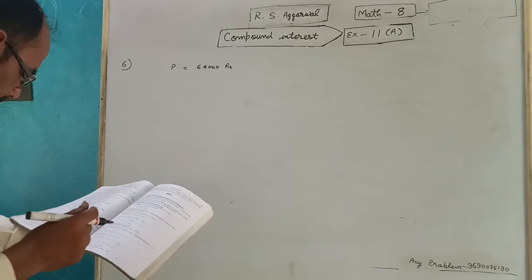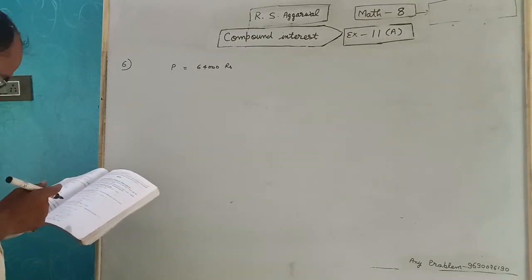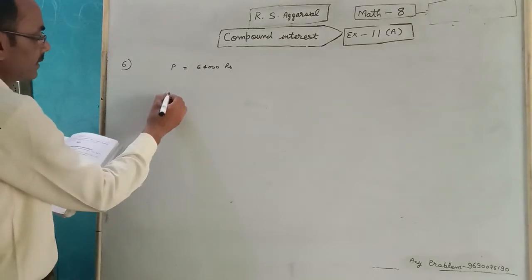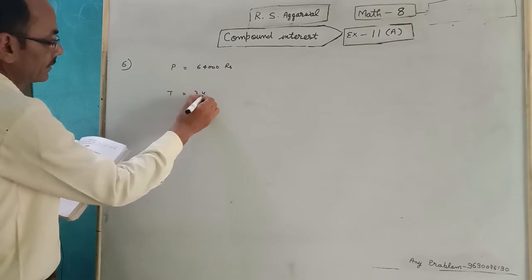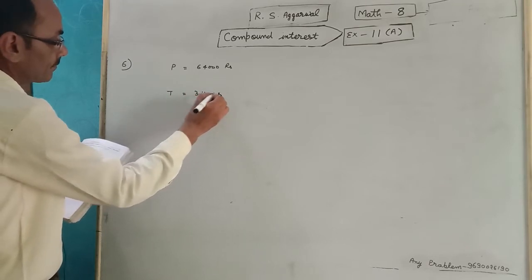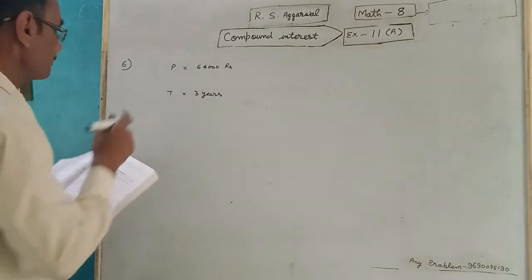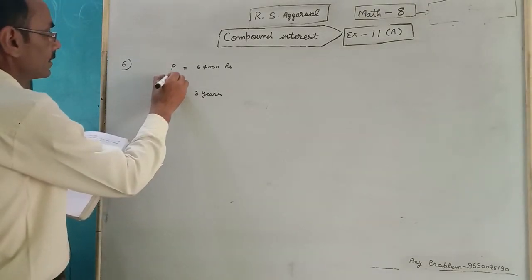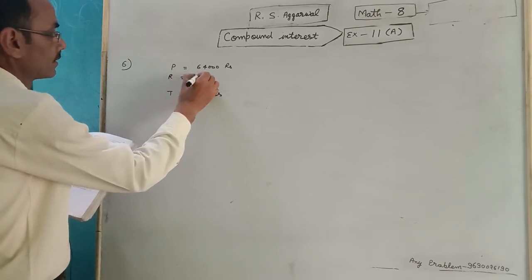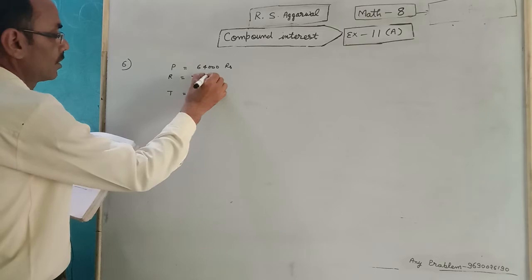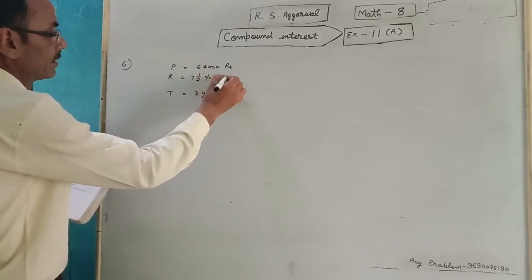Manoj deposited a sum of 64,000 in post office for 3 years. Time will be 3 years. Rate R will be 7 whole 1/2% per annum.